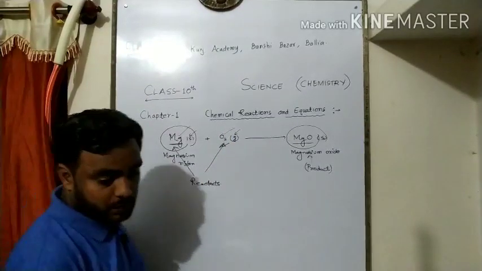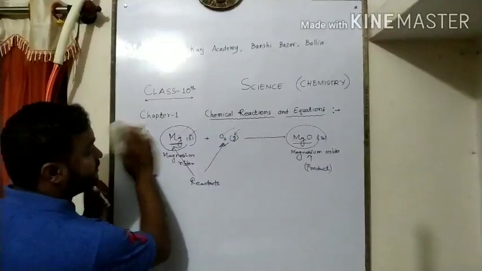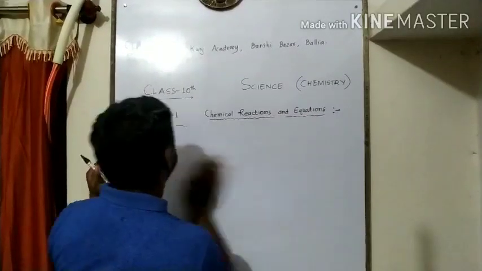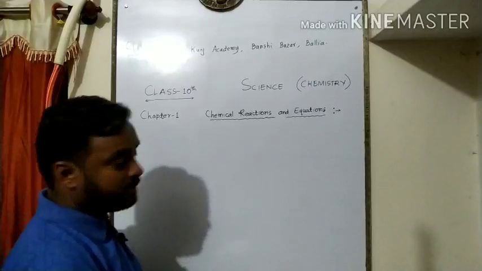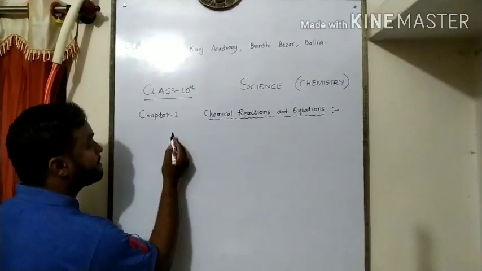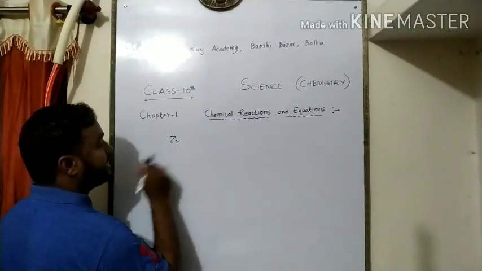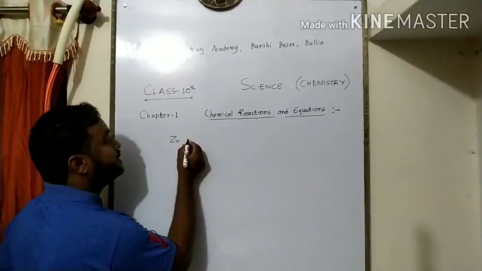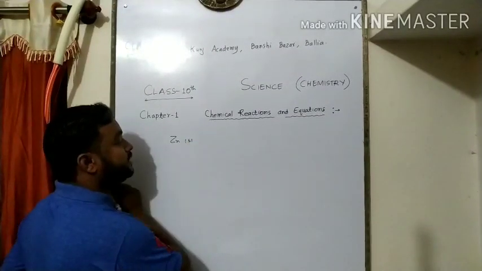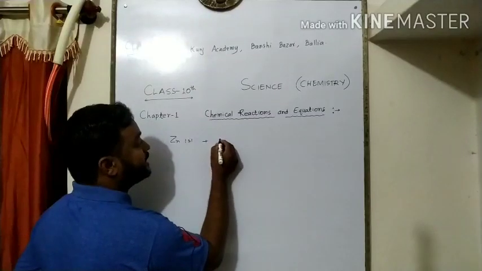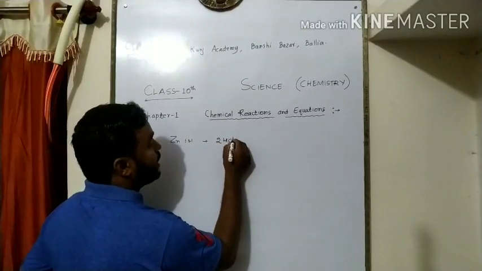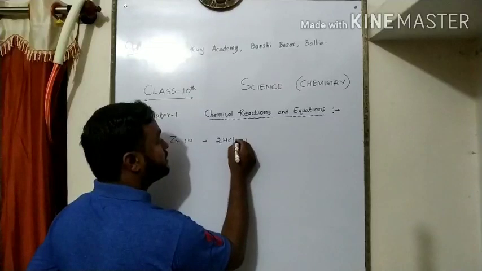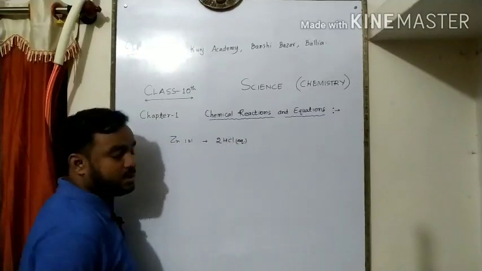Let us try to get a different example from the chapter. See this one. I'm taking another substance, zinc. Zinc is usually present in the solid state when it is dissolved in aqueous HCl. What is this HCl?